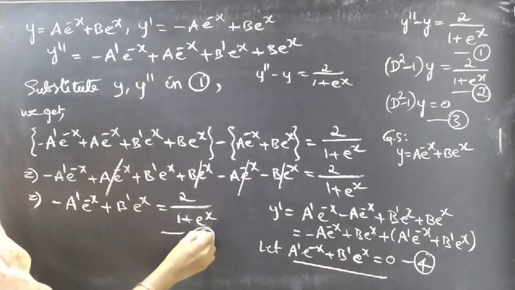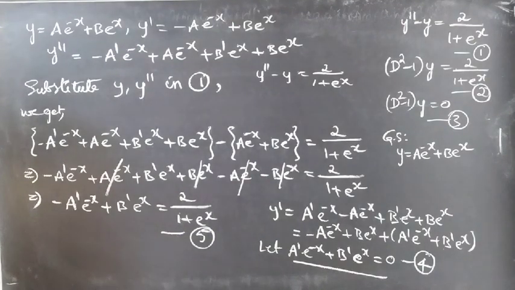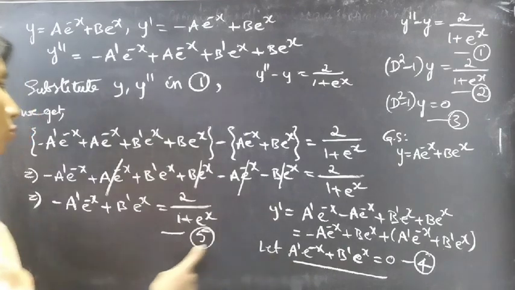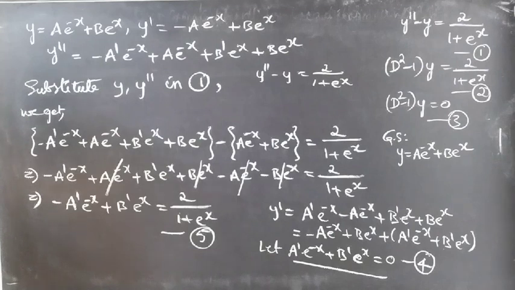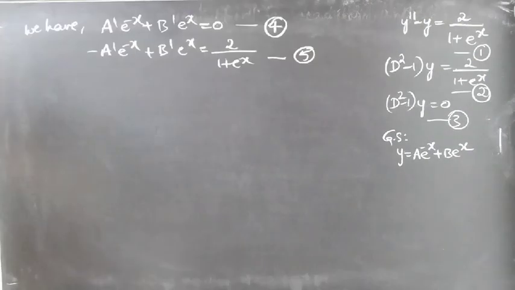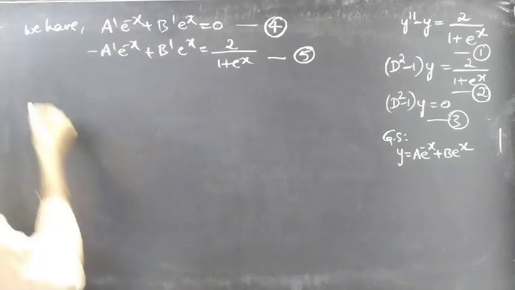And the equation obtained by substituting y double dash and y in 1 is equation 5. Now by solving these two equations, we'll get a dash and b dash. From that we'll get a and b, and later we can substitute that a and b in the general solution formula. Now let's solve equation 4 and equation 5.